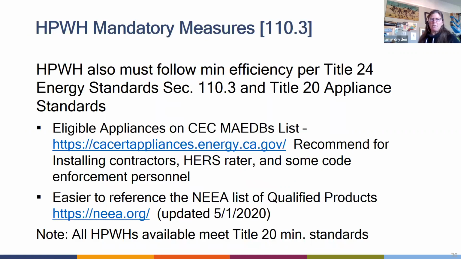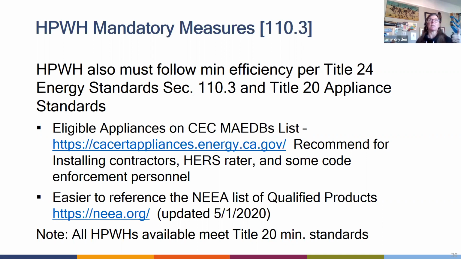I mentioned this briefly earlier: heat pump water heaters have to hit the minimum efficiency standards in Title 24, and it makes it easy for us that all heat pump water heaters on the market meet those minimum efficiency standards. So you can reference a database here. It's also maybe easier to reference the NEEA list, the Northwest Energy Efficiency Alliance list of qualified products, and I'm going to talk about what that is, but essentially they have been rating and evaluating products on different tiers in terms of meeting specific standards, I think for two reasons.